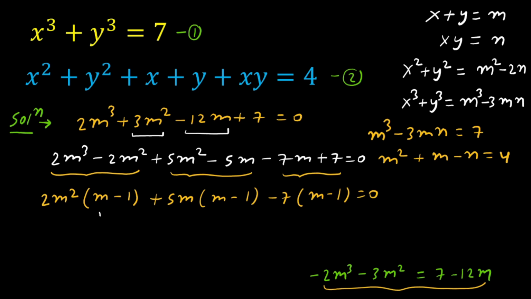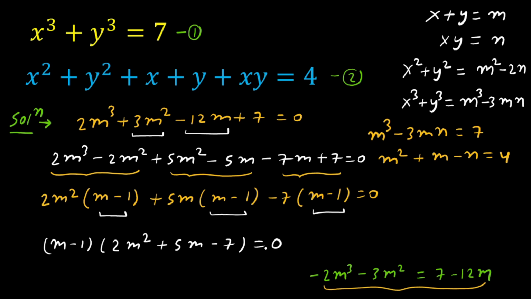Now (m - 1) is common, so (m - 1)(2m^2 + 5m - 7) = 0.